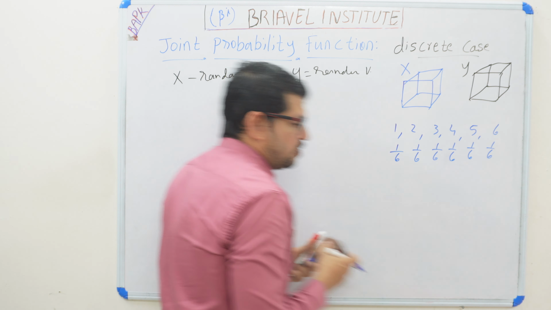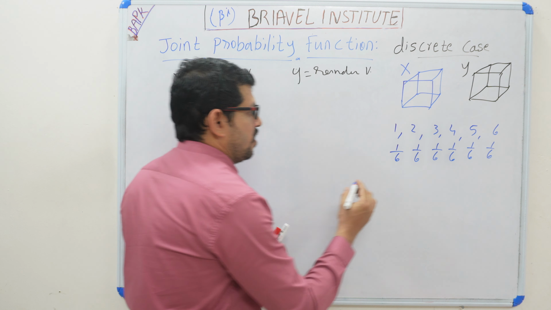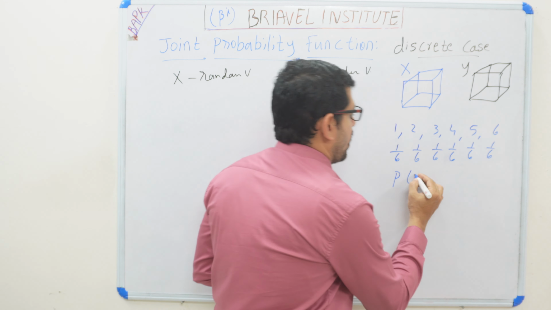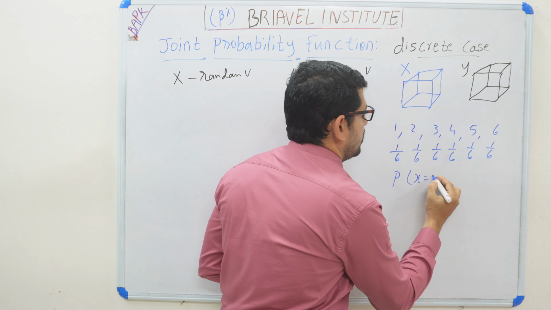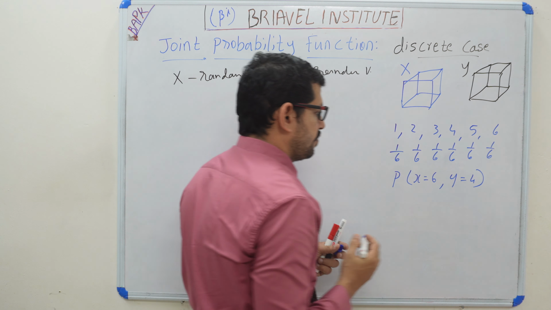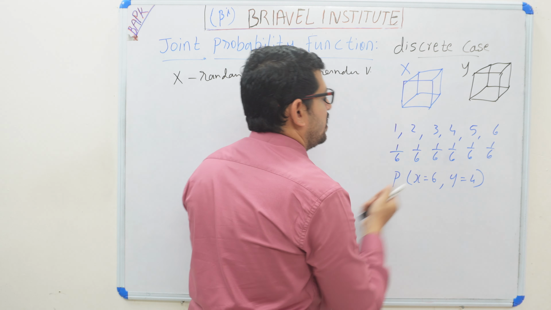I am throwing two dice at a time. So how to represent this? Say for the x die I got the result of 6 and for the y die I got the result of 4. You see how I represented it here?